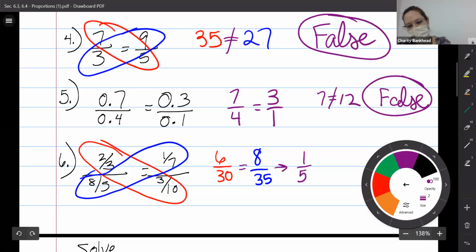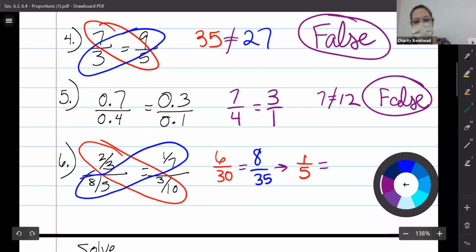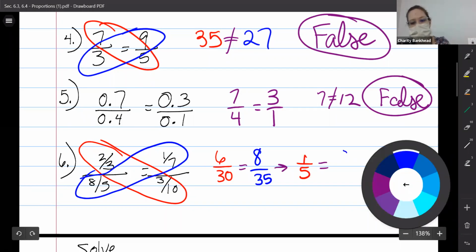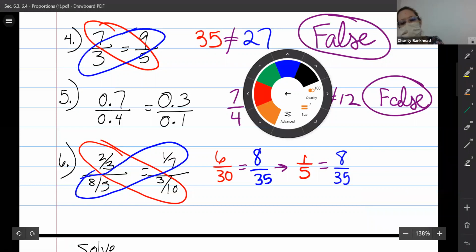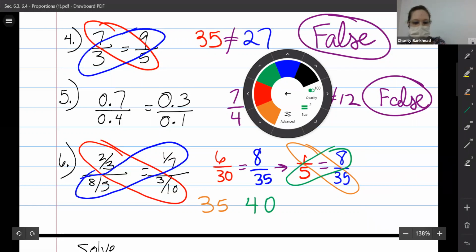That's 1/5. At this point, it looks pretty obviously false, but if we cross multiply to make it more obvious, 1 times 35 is 35, and 5 times 8 is 40. Definitely not equal to each other, so it's false.